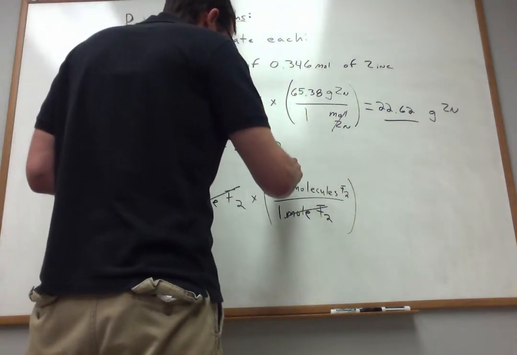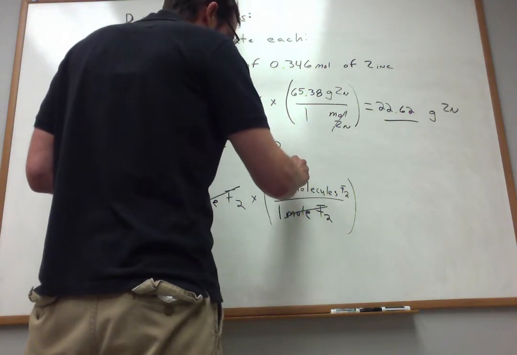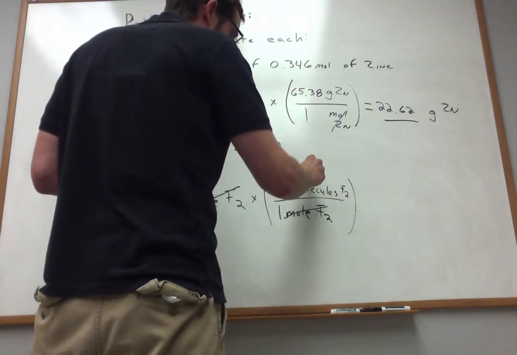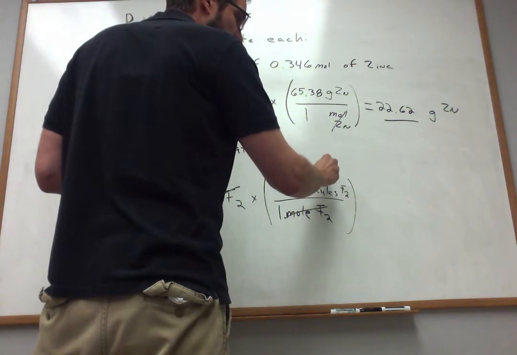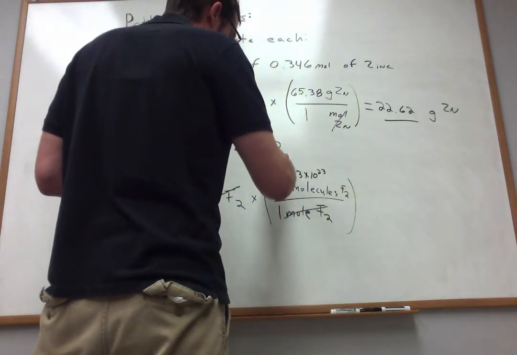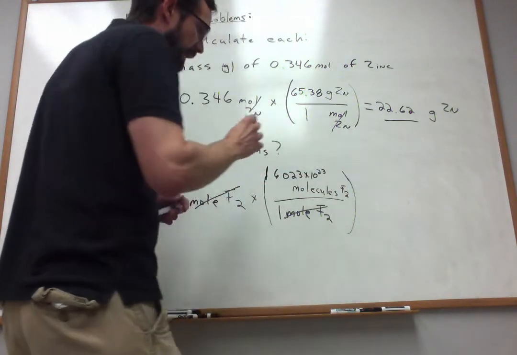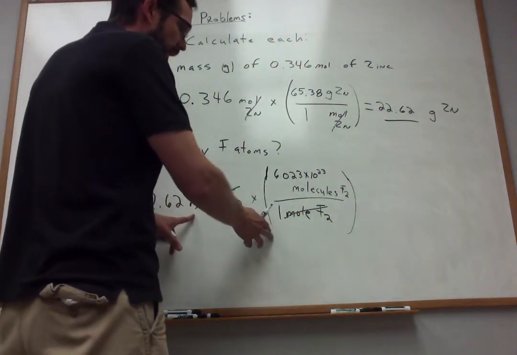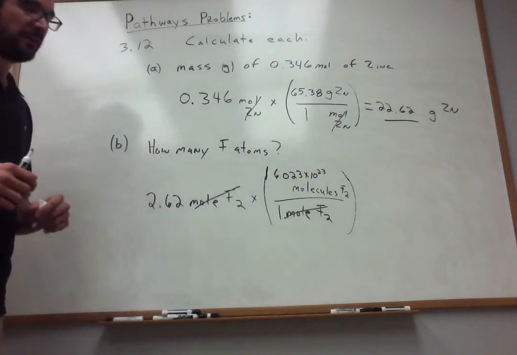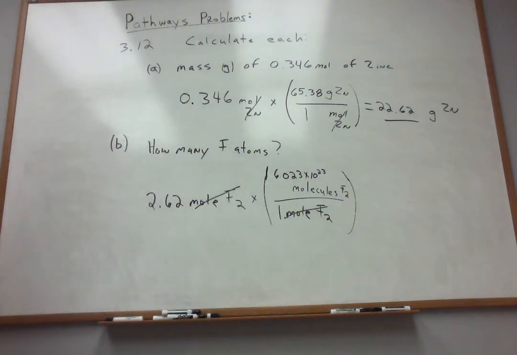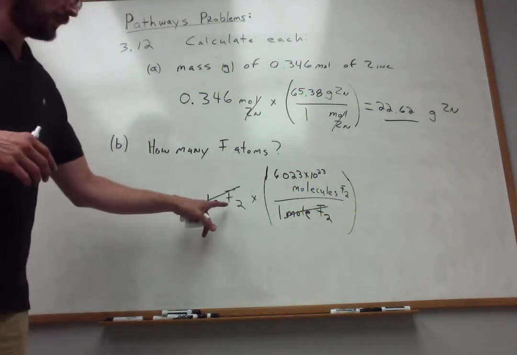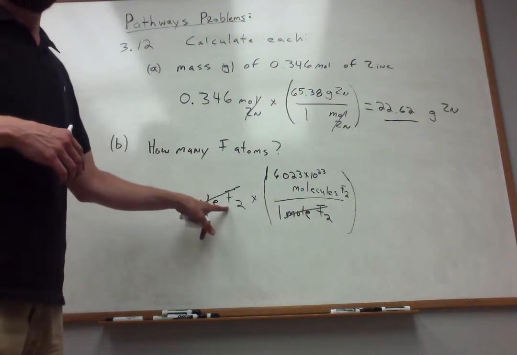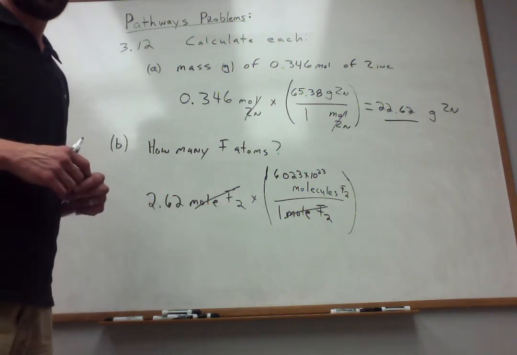Now, we know that Avogadro's number, 6.023 times 10 to the 23rd, tells us how many molecules are in 1 mole. So the mole units cancel, and if I do this math, I've converted to molecules or particles of F2, which is the diatomic version of fluorine gas. You see that?